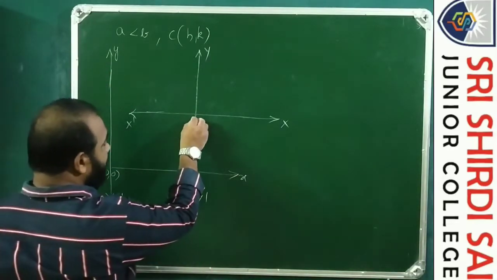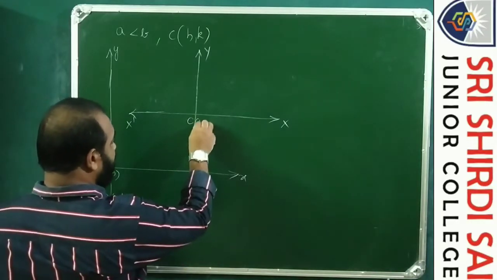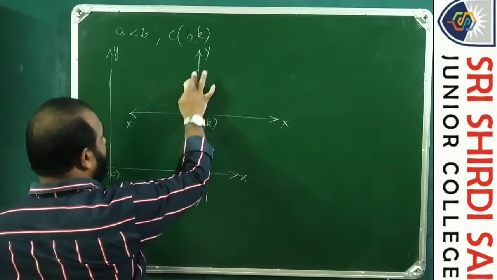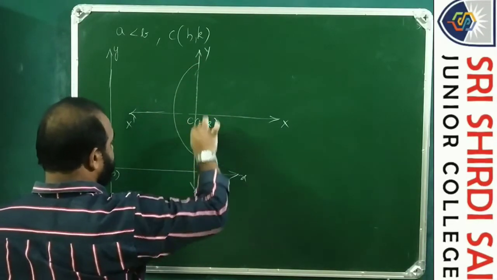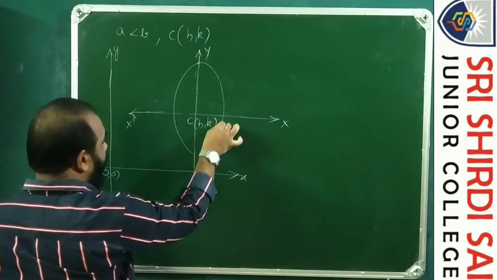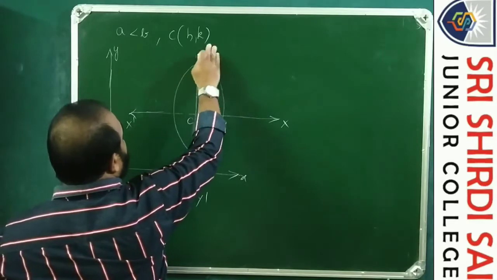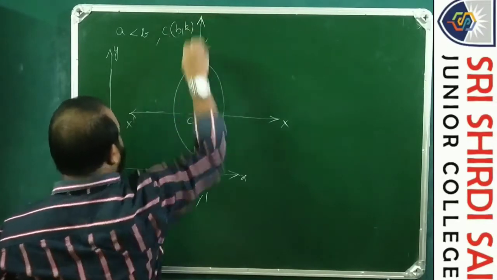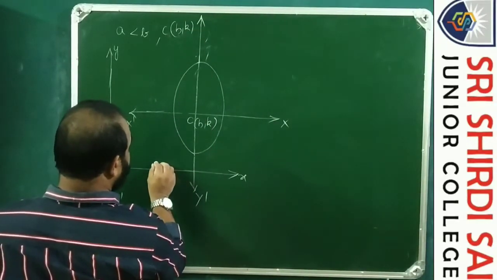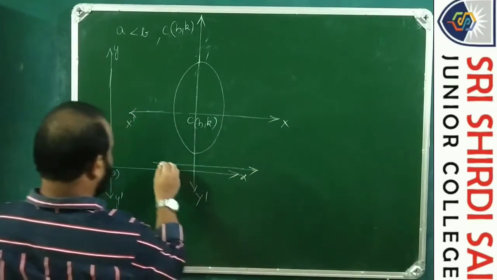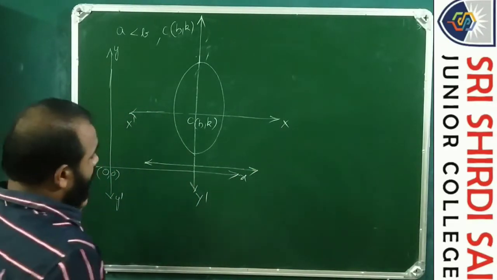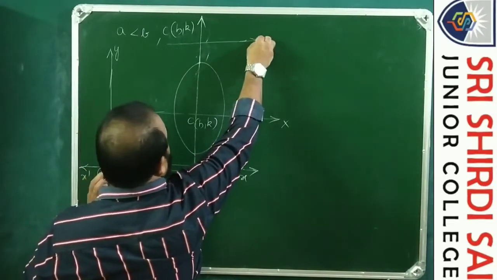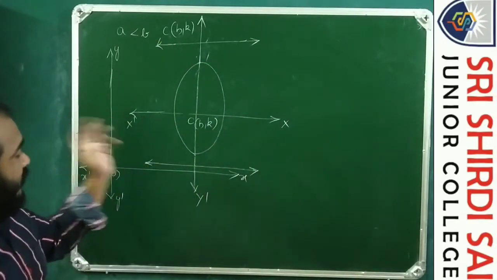Now this is the center of the ellipse which is h comma k. The ellipse is this, our new ellipse. These two lines are the directrices.